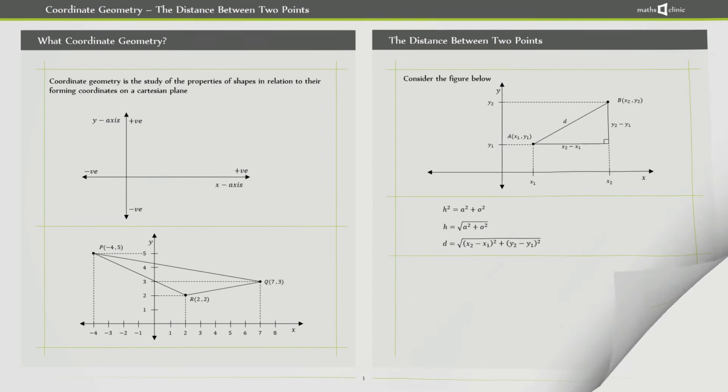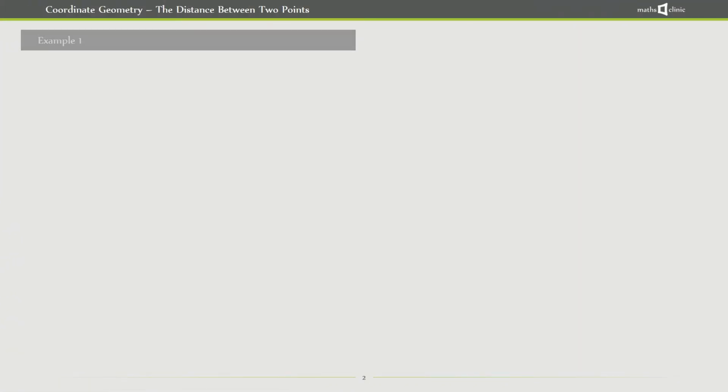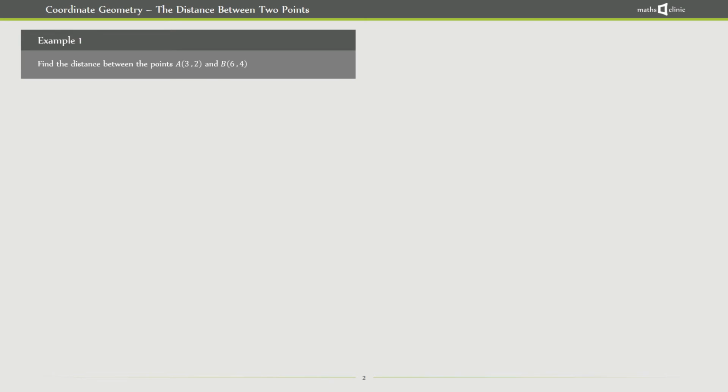So example 1. Example 1 says find the distance between the points a (3, 2) and b (6, 4). Now the first thing we need to do here, step 1, is identify the relevant formula. We have d equals root of (x2 minus x1) all squared plus (y2 minus y1) all squared.